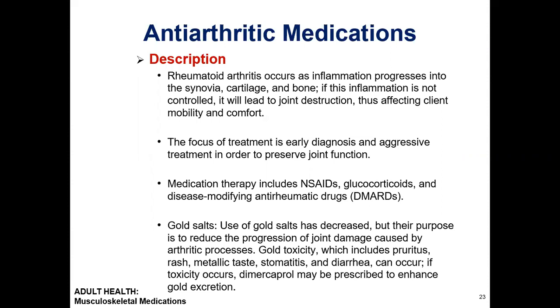In severe cases, it attacks the internal organs. So the focus of the treatment is early diagnosis and aggressive treatment in order to preserve joint function, to prevent the progress of the disease.